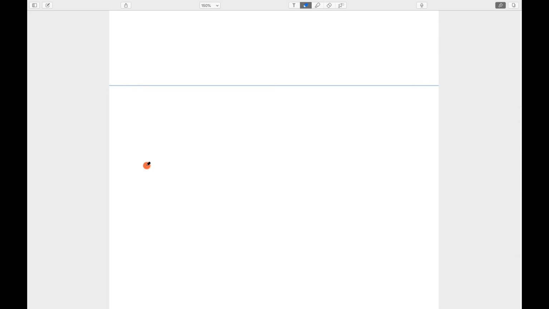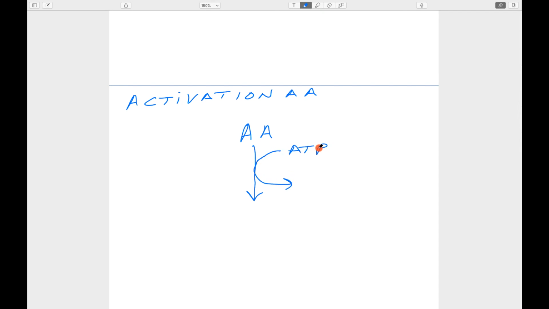Now, the second objective is activation of amino acids. What happens? We have an amino acid. The amino acid has to be activated. In the presence of ATP, pyrophosphate is released. That means two high energy bonds are used.